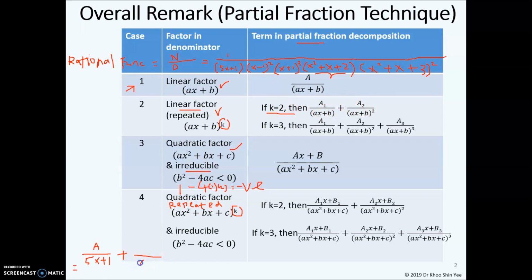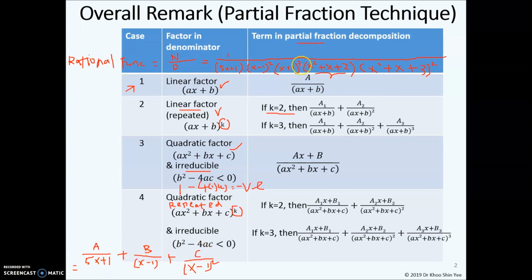where you have a1 over x minus 1 plus a2 over (x minus 1) squared. So we have constants a1, a2 here. Let's say we have constants b and c that you have to solve.